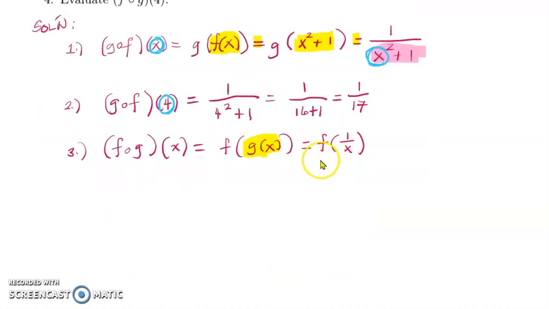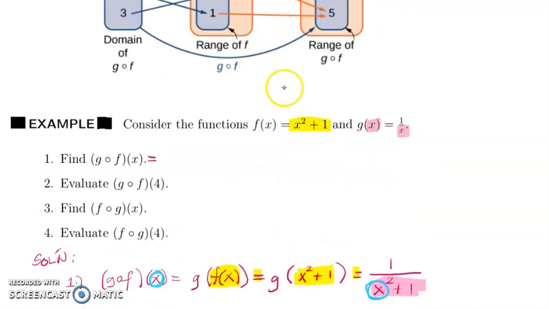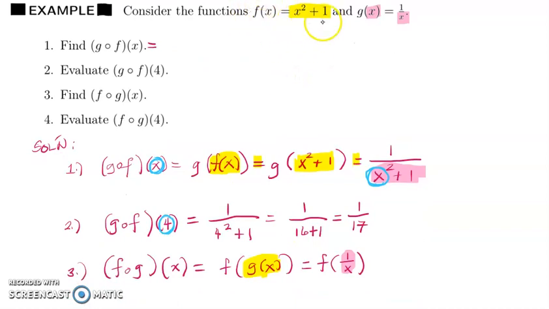Okay? Okay, so now we will replace 1 over x doon ngayon sa, okay, look at the definition of f. Okay, ito yung f natin. No? Okay, kanina nag-replace tayo ng whatever is inside the parentheses doon sa g.